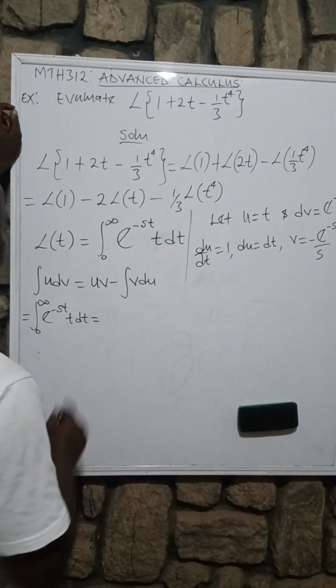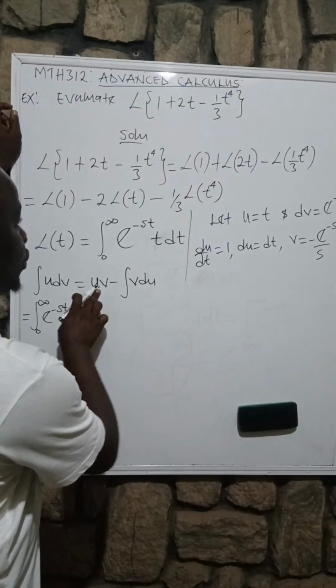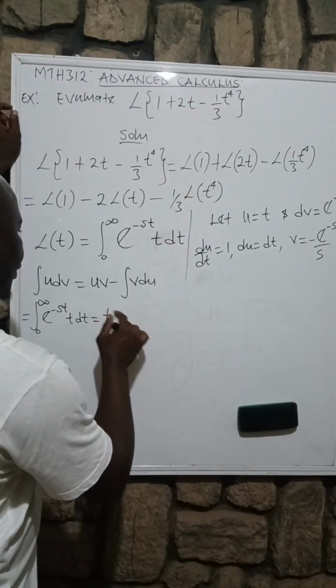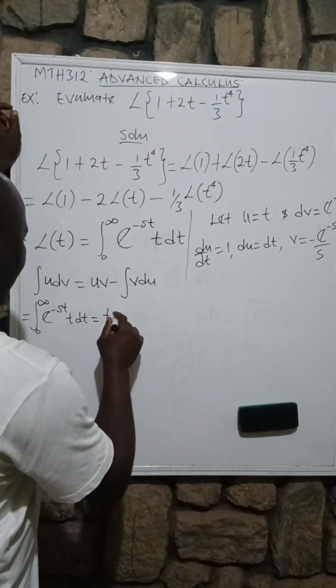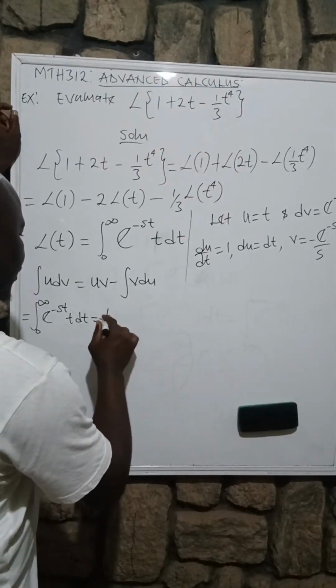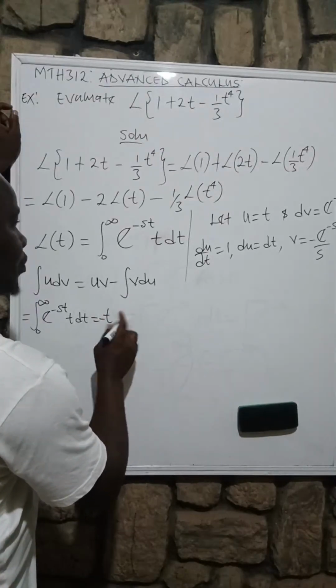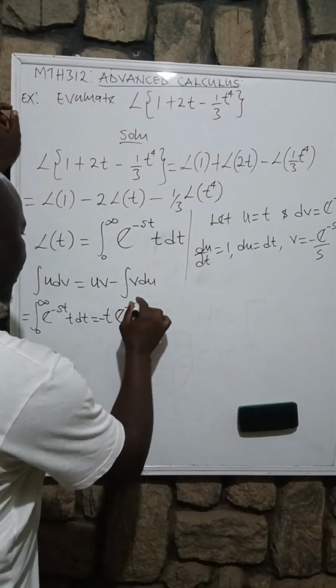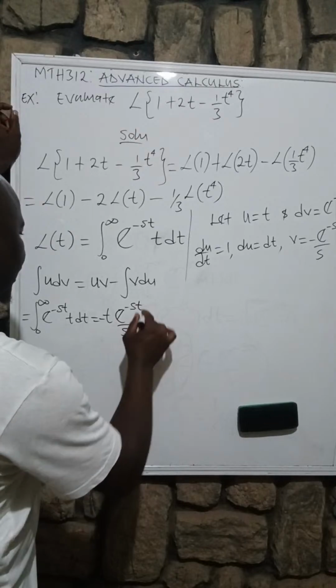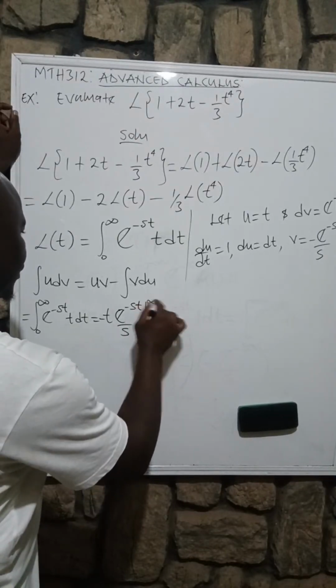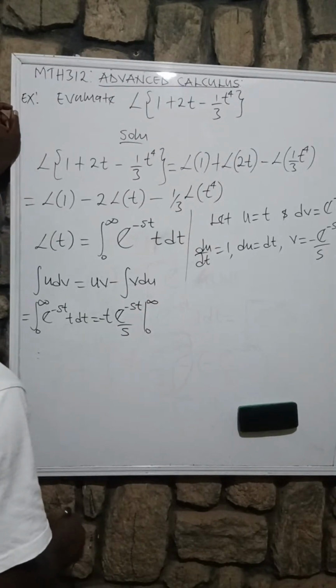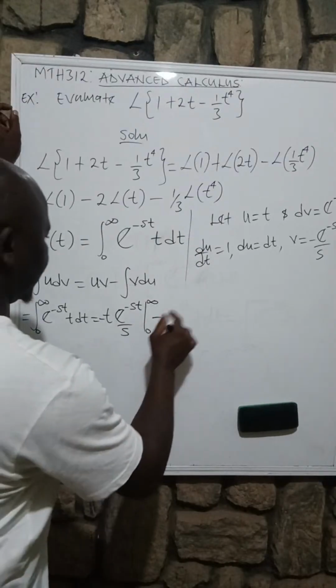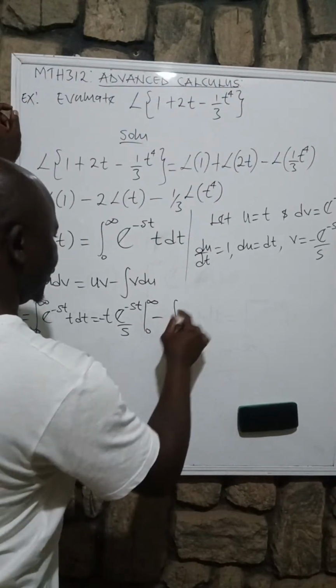It will now be equal to, ordinary u is t, then ordinary v is minus exponential of minus st all over s, evaluated from 0 to infinity.